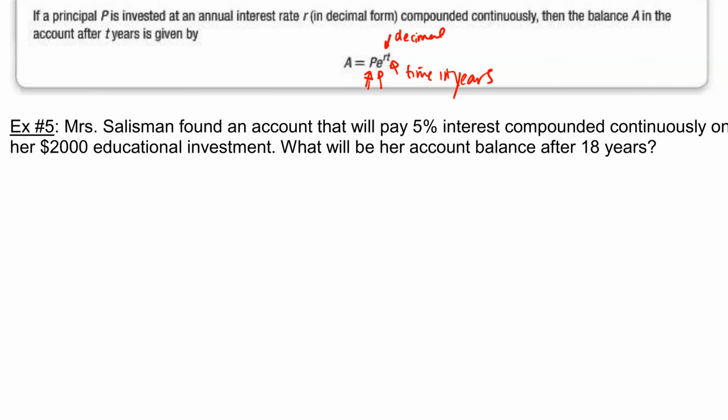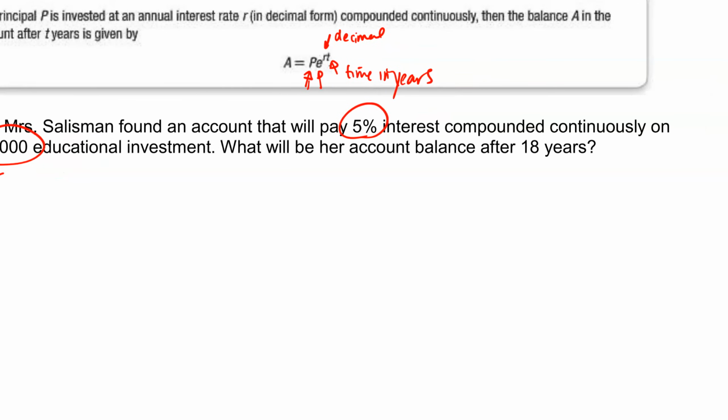Okay, so let's say the same woman invested the same amount of money, $2,000, at 5%, imaginary, I don't know who she bribed to get that percentage rate, but instead it was compounded continuously. So here, this is the key to knowing which one to use. If it says compounded continuously, or if it's quarterly, monthly, it will be an English word, right? It's not always going to tell you N is 4.